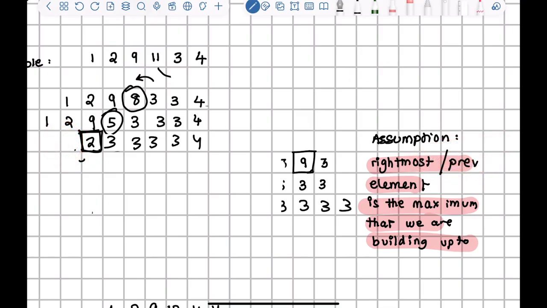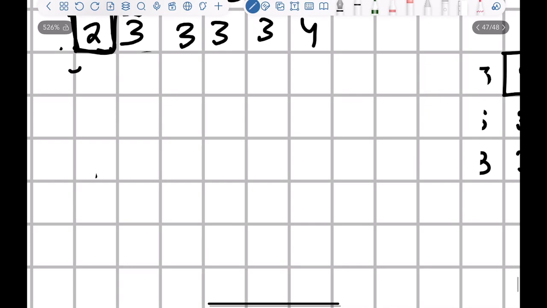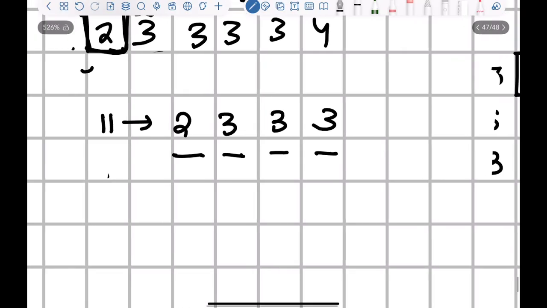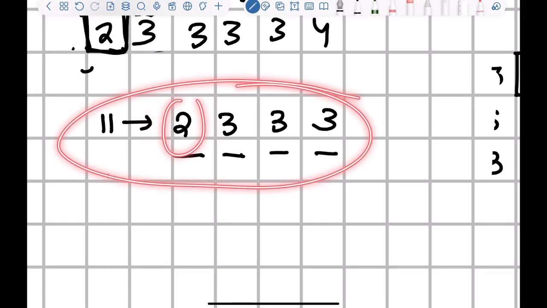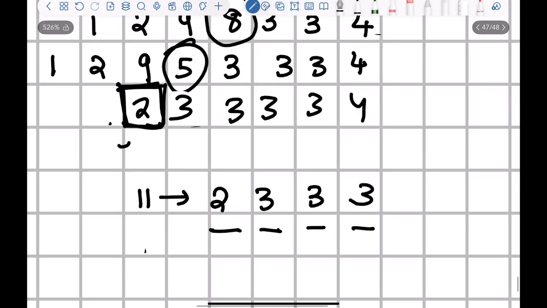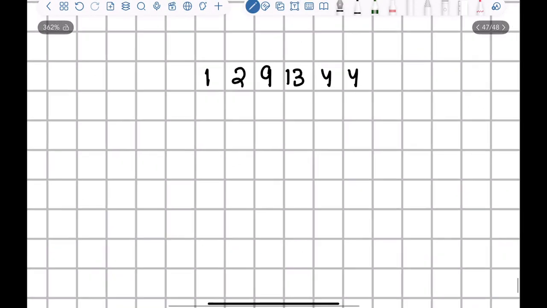So we have to maximize the 2. If we are dividing 11 into 2, 3, 3 and 3, we have 4 places here, and we need this 2 to be maximum. 2 is our minimum in this, but we should maximize the minimum number so that the next number works out. Let's just take another example here.